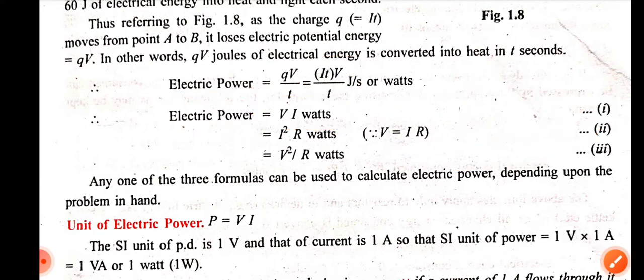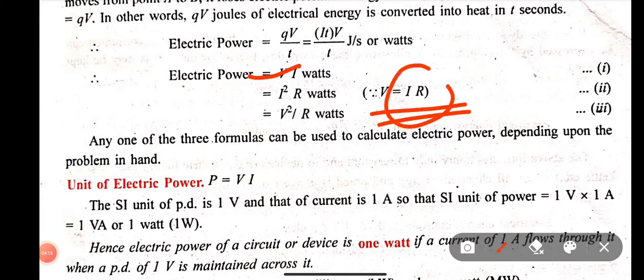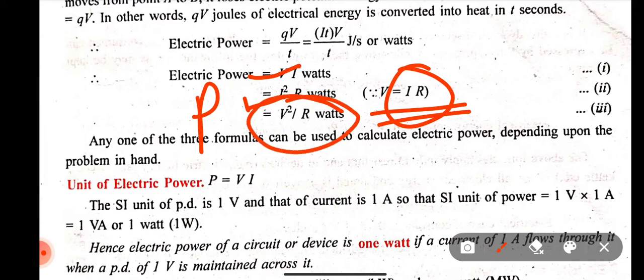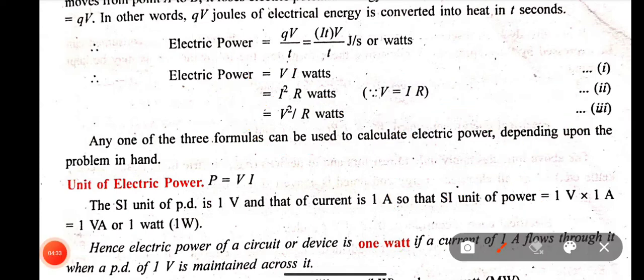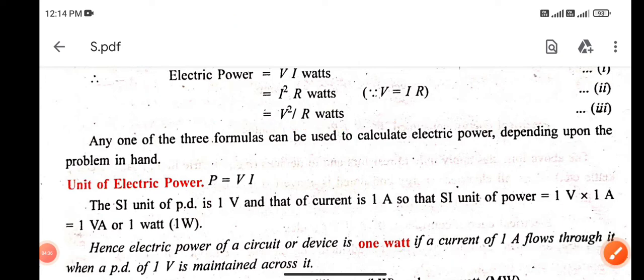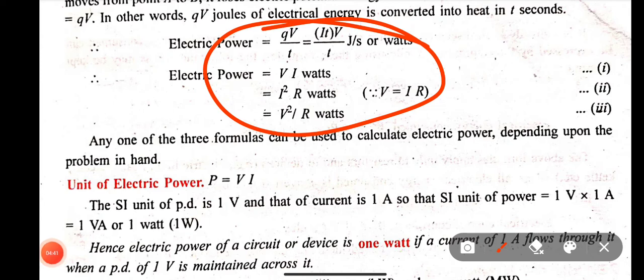We can also write it in another form. As we know V equals IR, so in place of V, when we replace with IR, we get power P equal to I square R. In the same sense, if we have to find it in voltage form, then the formula of power is V square by R. These are the three formulas which we should keep in mind to solve questions very easily, because this is really important.